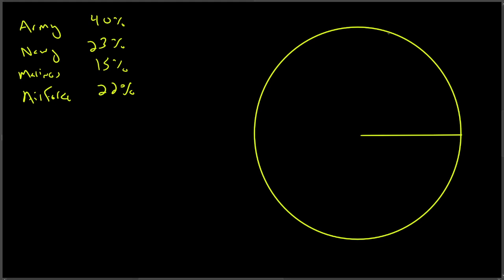So if I go from here all the way back, it's 360 degrees. So each piece I need to make needs to be some portion of the circle. Well, that's all right, because we can use the percentage to help us. So the Army is going to be 0.4 times 360, or 144 degrees.